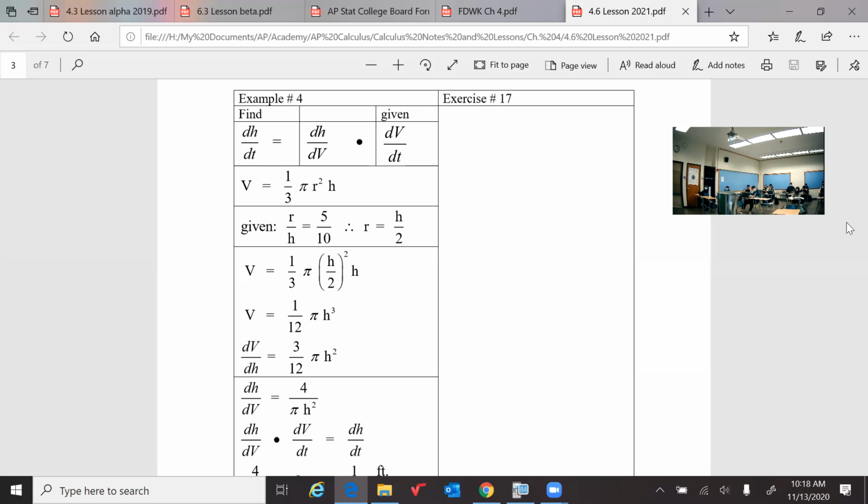Now you've got the product rule here: r squared, first term, times the derivative of this, which would be 1 dh/dt, plus 2r dr/dt times h. That would be the implicit differentiation approach to this.